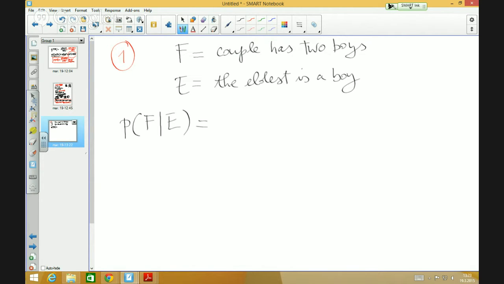So let's use the standard formula. Then later on, we'll do an example with Bayes' theorem. The standard formula says, compute the probability of the intersection and divide it by the probability that the eldest is a boy.